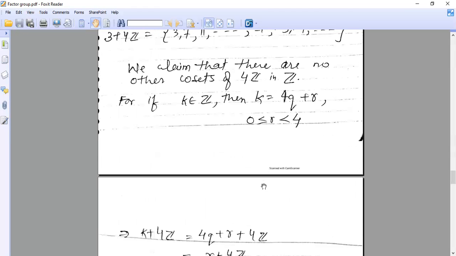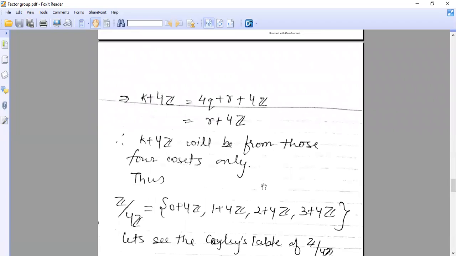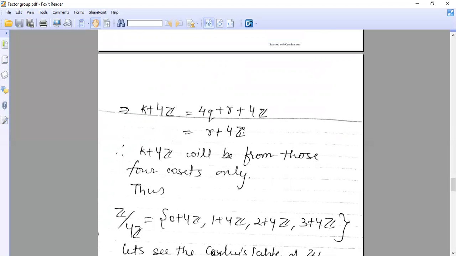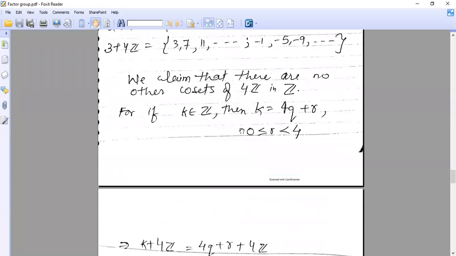So k plus 4z, so what is the value of k that you have taken? k will be 4q plus r, and this is your 4z. So 4q plus 4z will be 4z only. So this thing will be absorbed in 4z. So this will be equal to r plus 4z. And what is r? Your r is greater than or equal to 0 and less than 4.